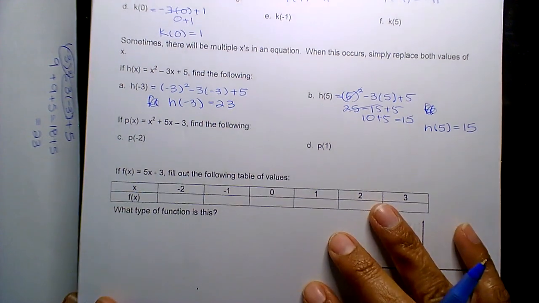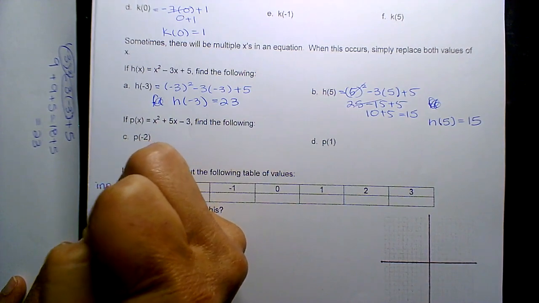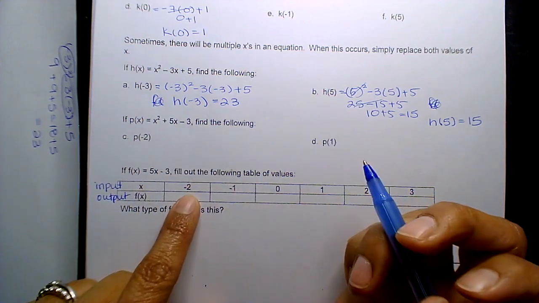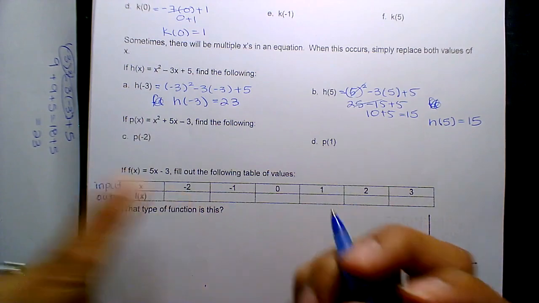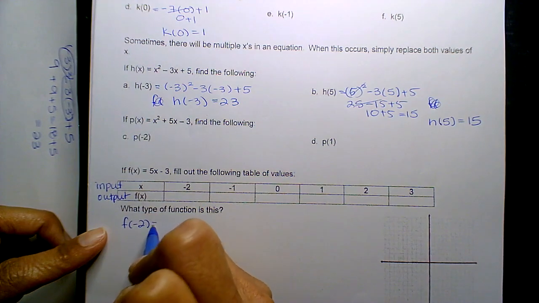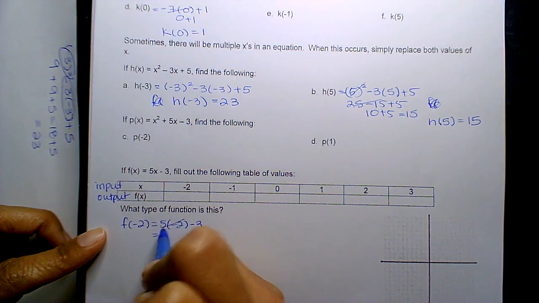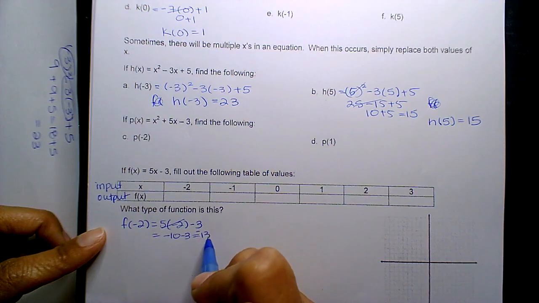Here, as far as the table, you're putting it in. So this is your input substitution, and this is your output. So if I was to substitute the negative 2 here, if I plug in the negative 2, 5 times negative 2 minus 3, that's negative 10 minus 3, negative 13.